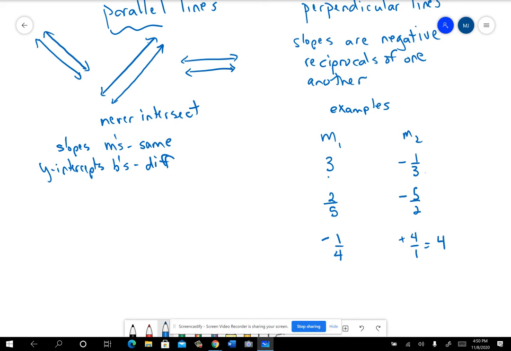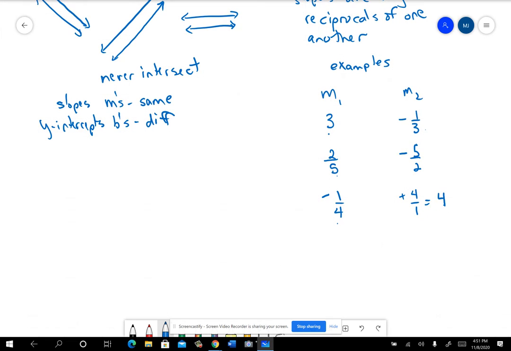So 3 and negative 1/3, 2/5 and negative 5/2, negative 1/4 and positive 4. A special kind of weird one is 1. If you flipped it, it would be 1/1, took its opposite, you'd wind up with negative 1. And if it started out negative 1 and you did its reciprocal and then took its opposite, you'd wind up with positive 1.